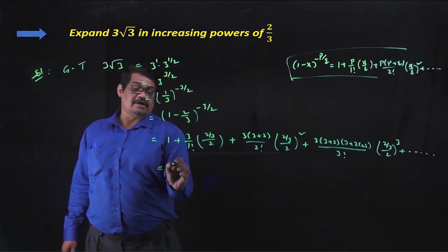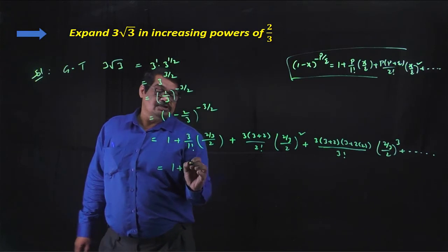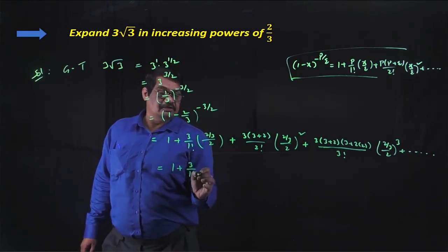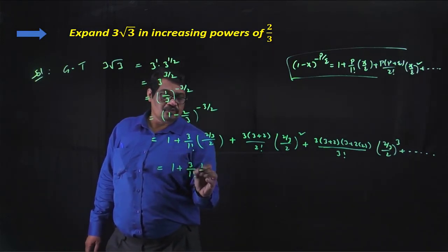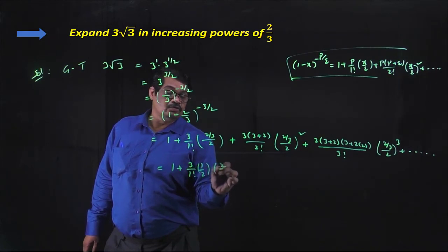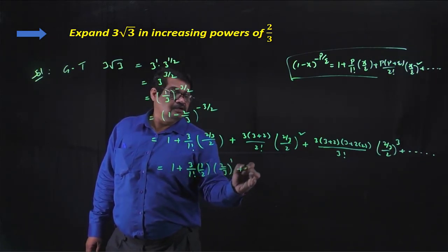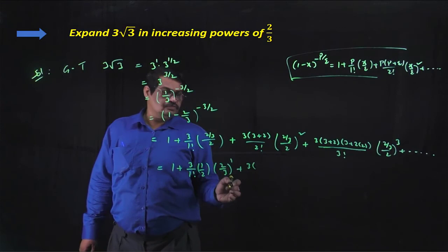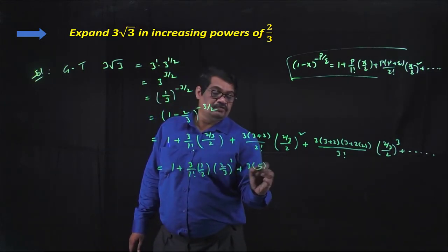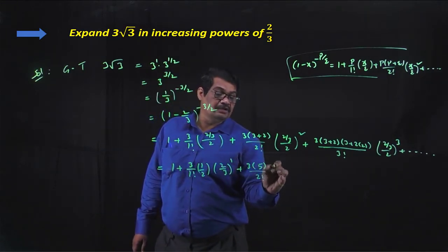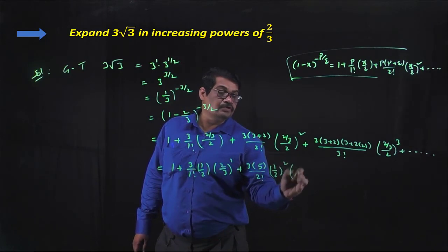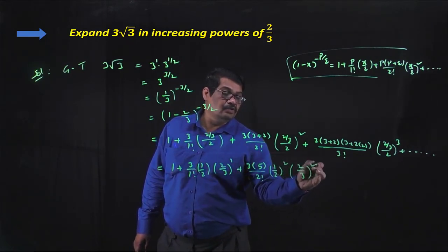So this can be written as 1 plus 3 by 1 factorial into 1 by 2 into 2 by 3, plus 3 into 5 by 2 factorial into (1 by 2) whole square into (2 by 3) whole square.